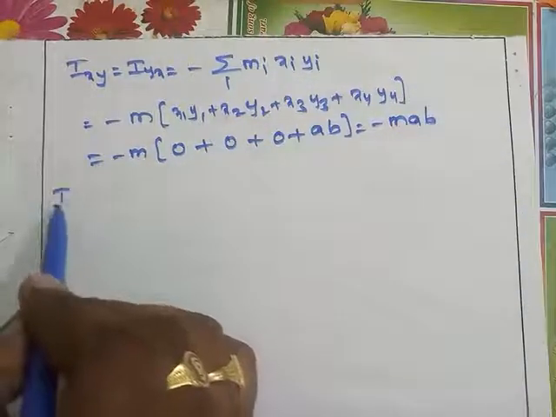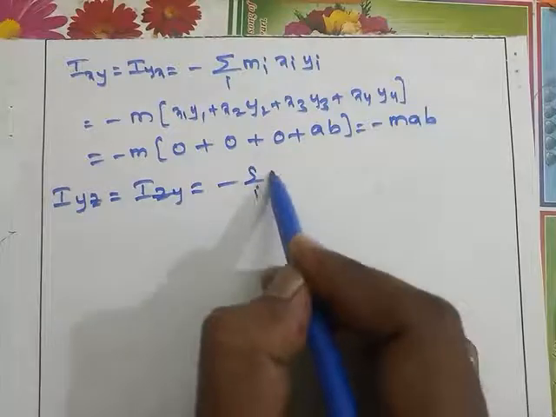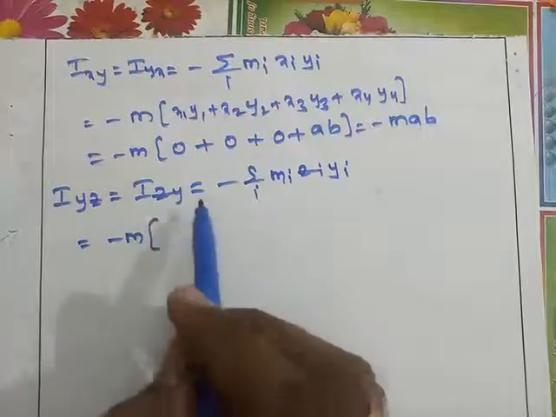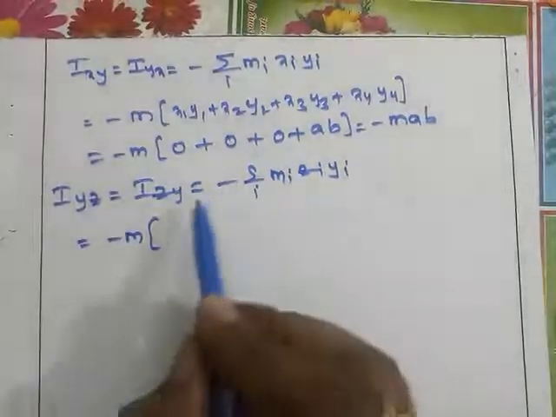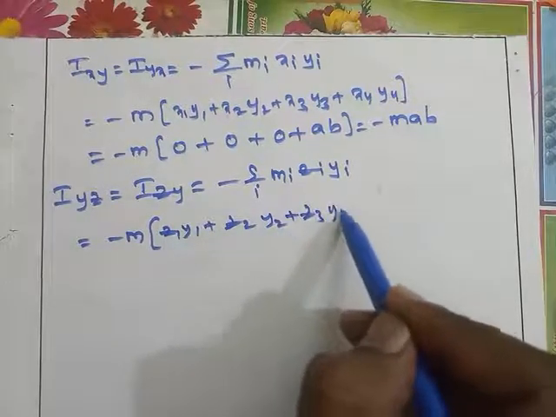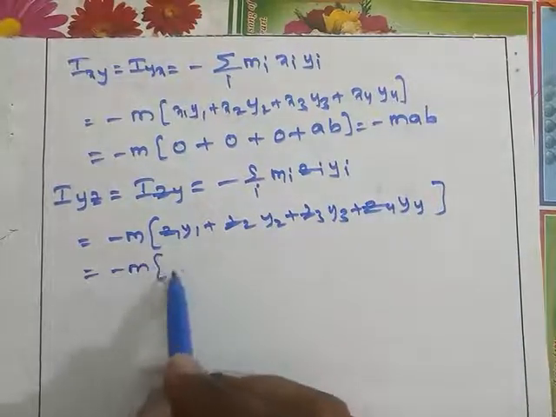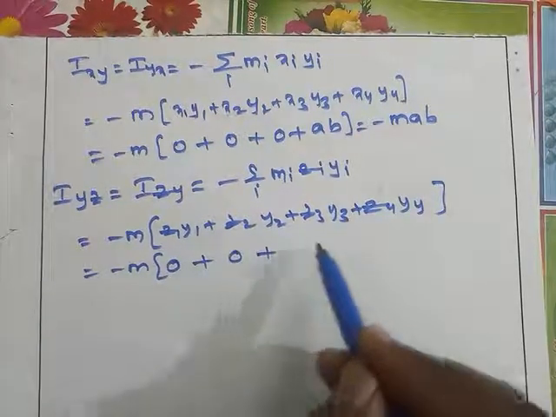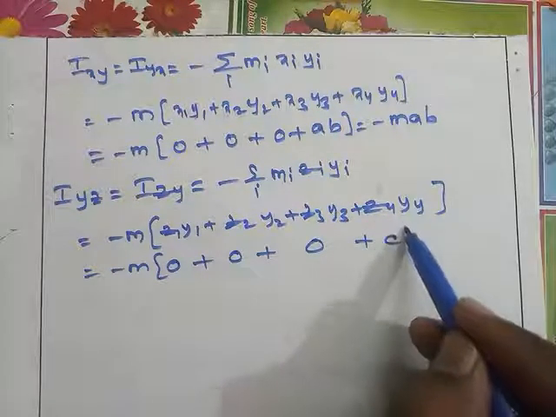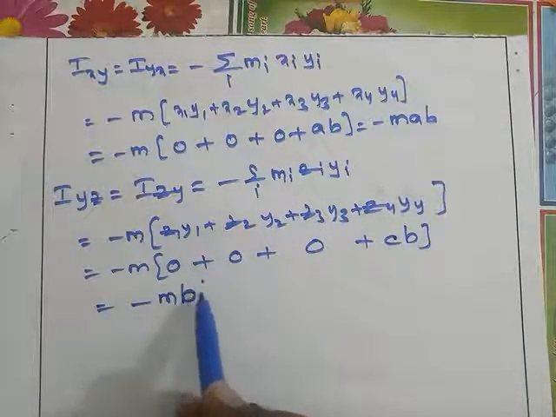Similarly, Iyz, so Izy, equal to minus summation mi zi yi. Now expand this function: minus m outside because the masses are the same, and z1 y1 plus z2 y2 plus z3 y3 plus z4 y4. Substituting these values, we get 0, 0, 0, and the last term z4 y4 becomes cb. So finally minus m bc.